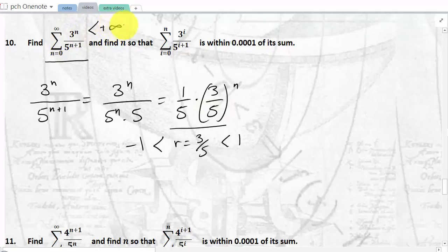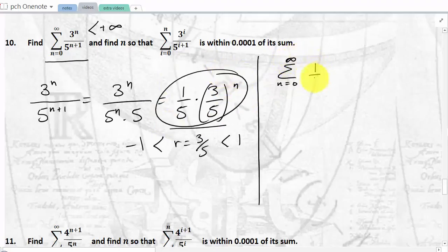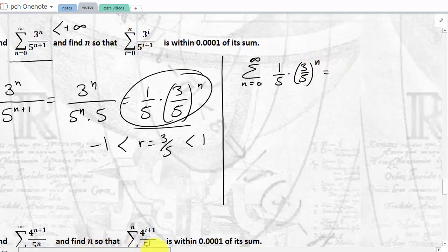Okay? Let's write the limit. So for that, again, I'd like to know what my first term is. So sum from n equals 0 to infinity of 1/5 times (3/5) to the n equals, so what's the first term here?